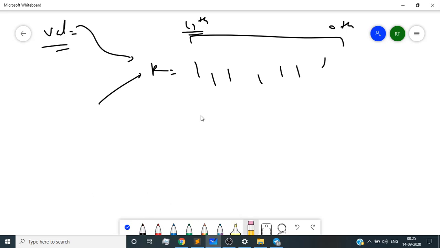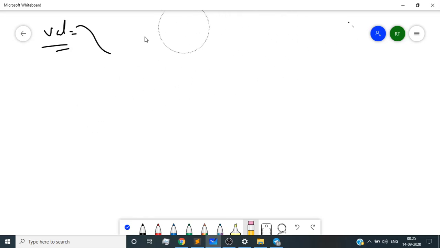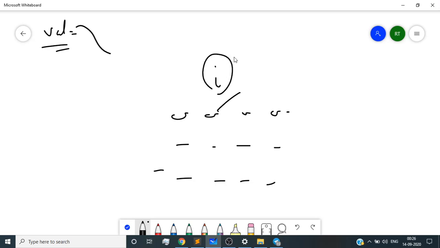Now let's say we are doing some certain query. We have some certain numbers, and I am finding for some ith position.